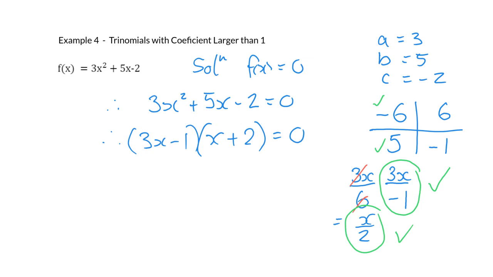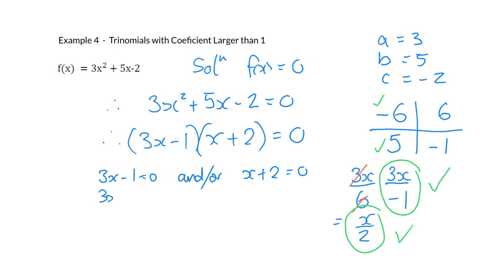Now, the whole point of this was to find the solutions. Just like we have done before, that means we have to take the left-hand side bracket and the right-hand side bracket, and equate them both to 0. So 3x minus 1 equals 0, and/or x plus 2 equals 0.